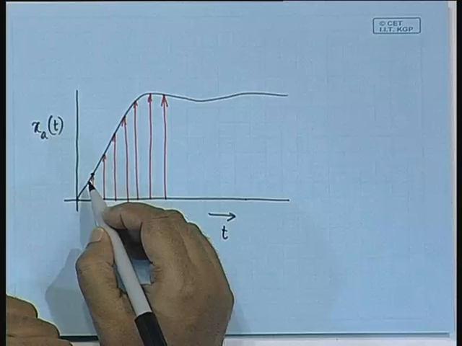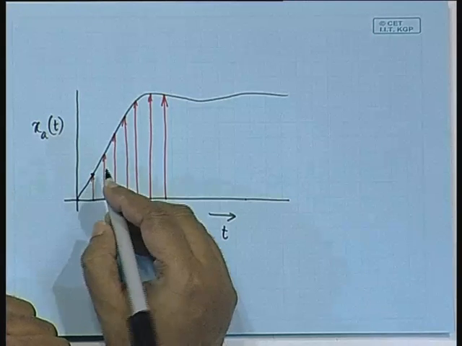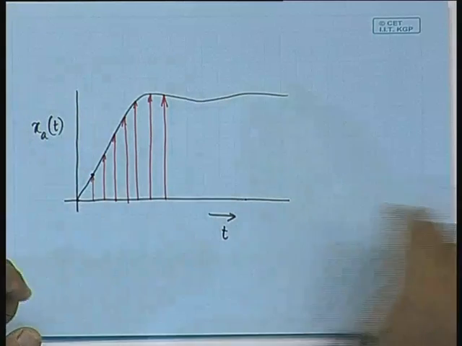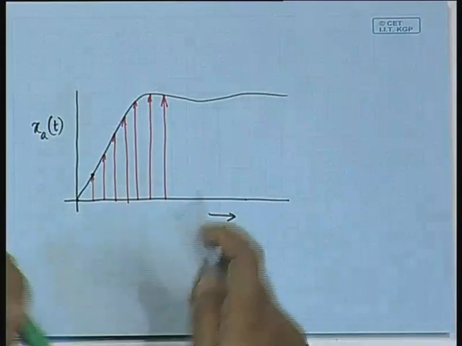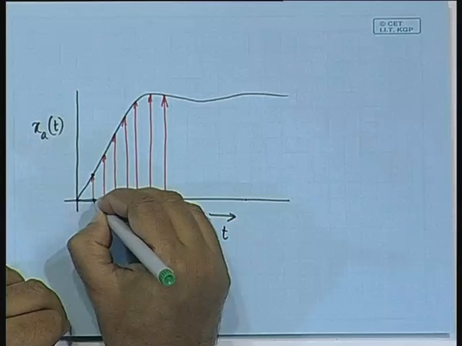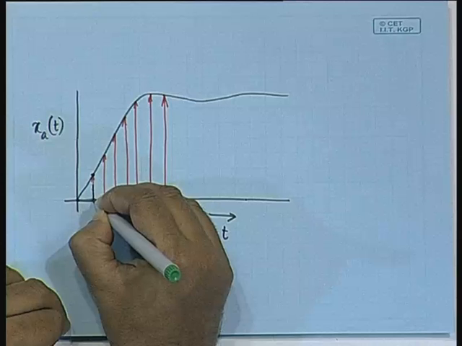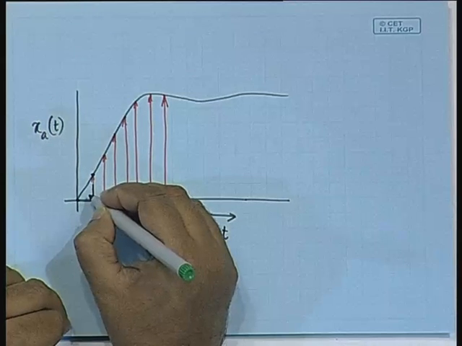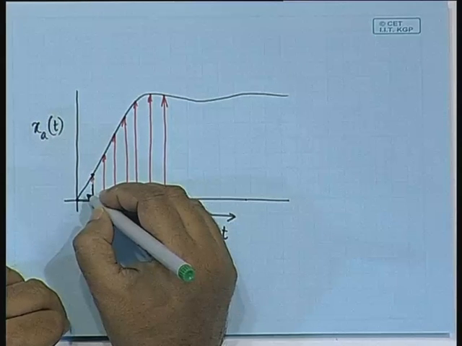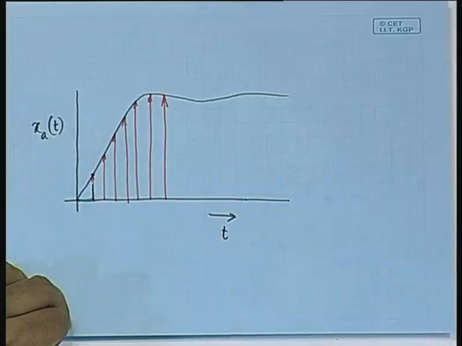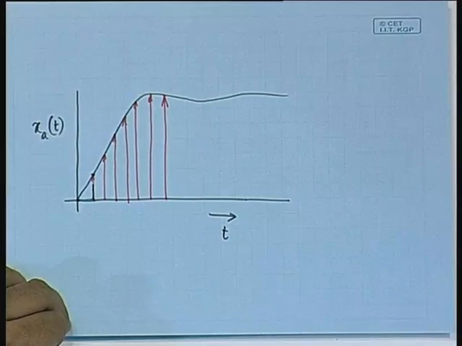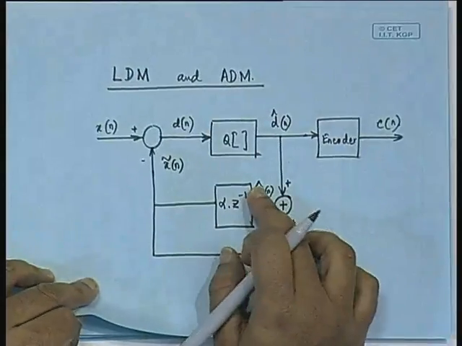D cap of n is going to be delta, which is our step size. And if d cap of n is equal to delta, what is going to be x cap of n?